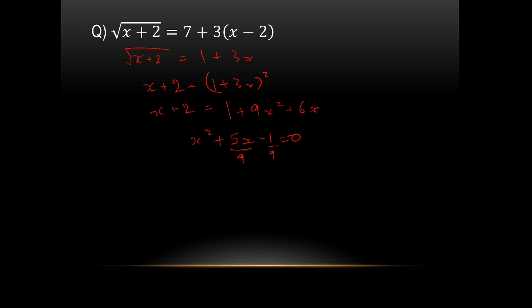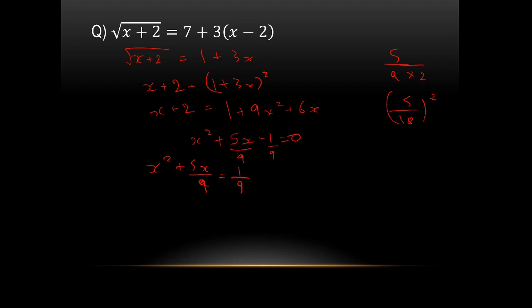So next, let us transpose the minus 1 by 9 to the other side. It becomes x squared plus 5x by 9 equal to 1 by 9. We take 5 by 9, we half it, it becomes 5 by 18, and square it.